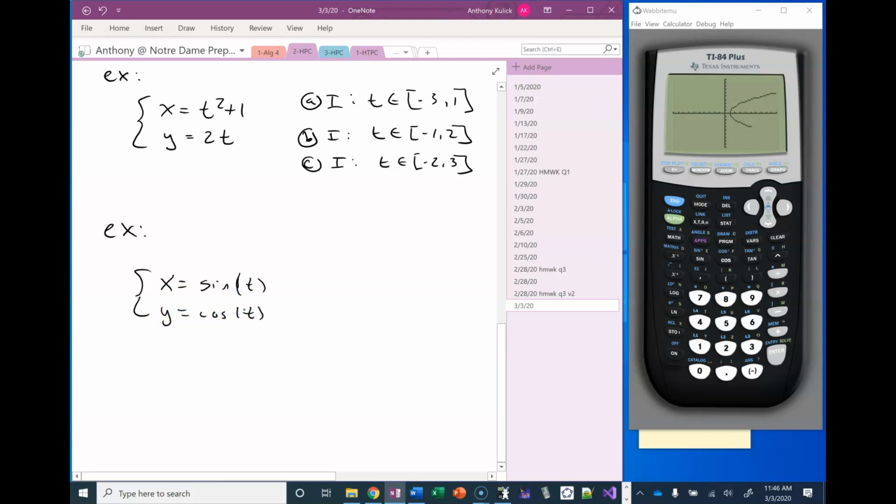Let's this time graph the parametric equation where x is equal to sine t and y is equal to cosine t. What other piece of information haven't I given you yet?